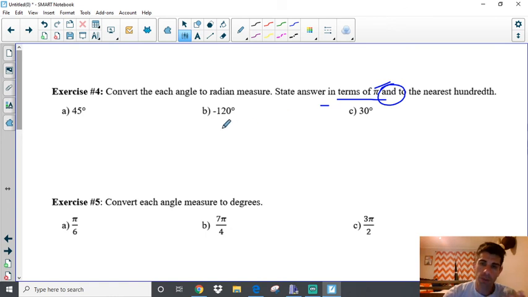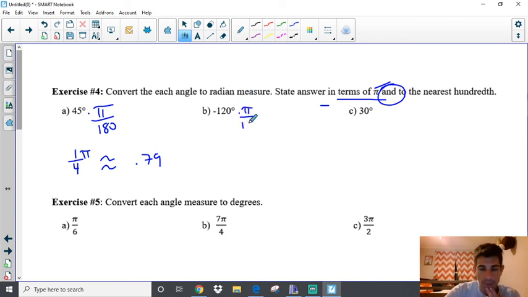So they kind of want you to write it in one way and then throw it into your calculator. So in all of these, we're converting degrees to radians. So we're multiplying everybody by pi over 180. We're using our calculator. So first I would call it 1/4 pi or pi over 4. If I'm throwing that into my calculator, it's going to become 0.79.